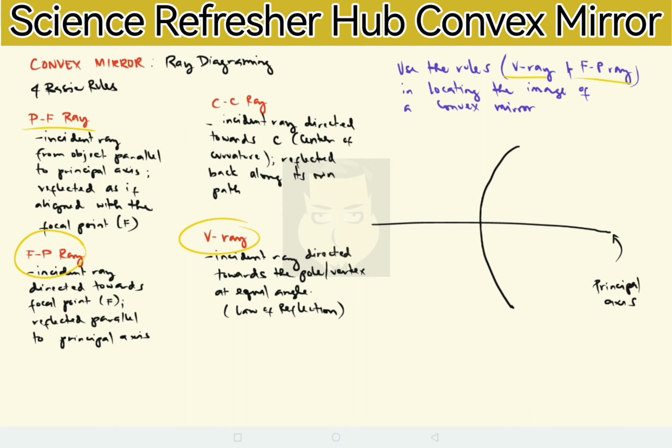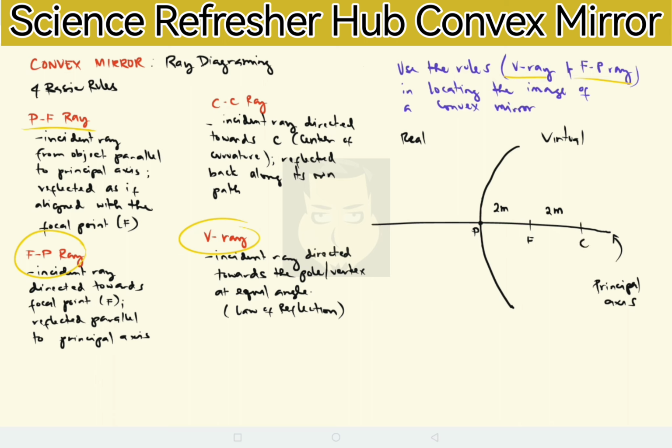In doing our convex mirror diagramming, we will be placing our focal point or F and center of curvature at the virtual side of our mirror, behind the mirror. Remember, this is the real side of the mirror, and we will be placing our focus here, at some length from the P, the pole or vertex, and that's our F. Then the same length between P and F, let's say 2 meters. 2 meters from F, that will be our center of curvature.